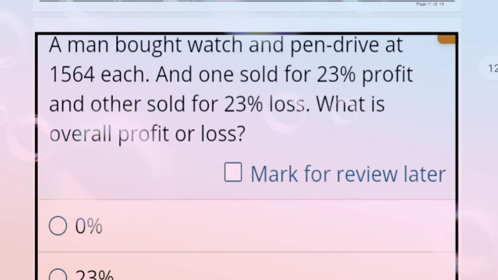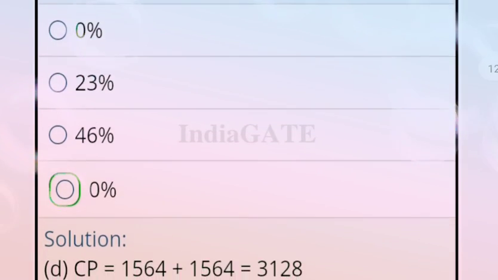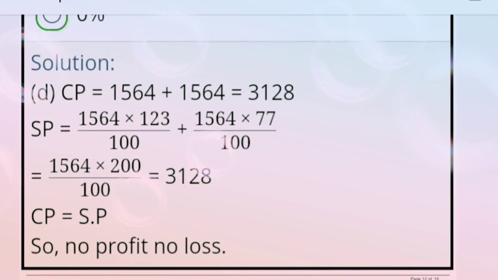A man bought a watch and a pen drive at 1564 each, and one was sold at 23% profit and the other at 23% loss. What is the overall profit or loss? The correct answer for this question is 0%.